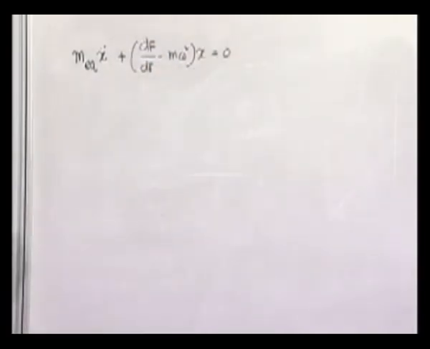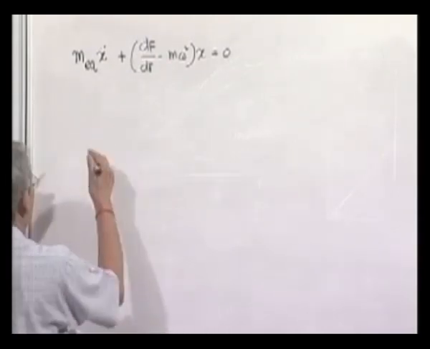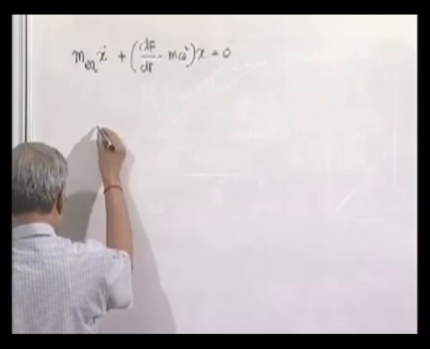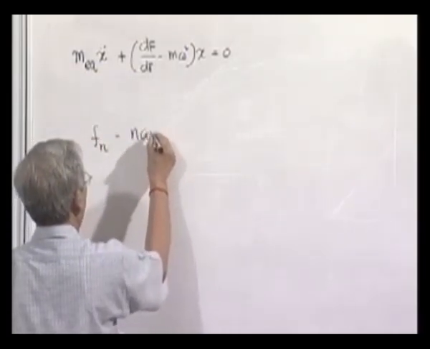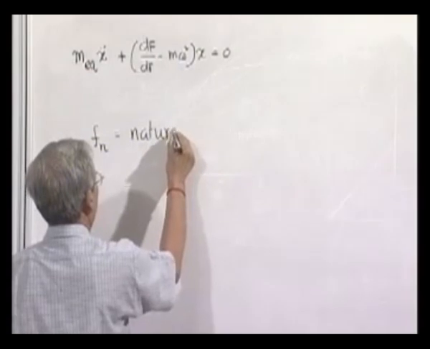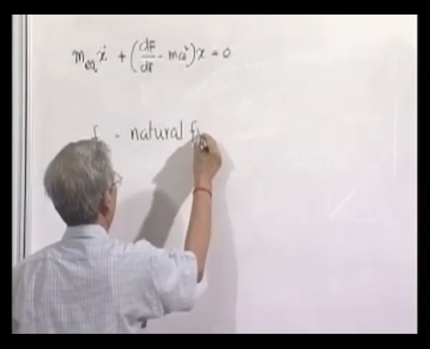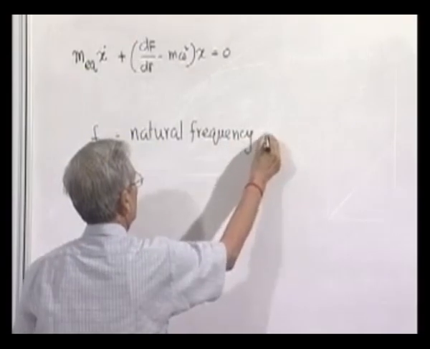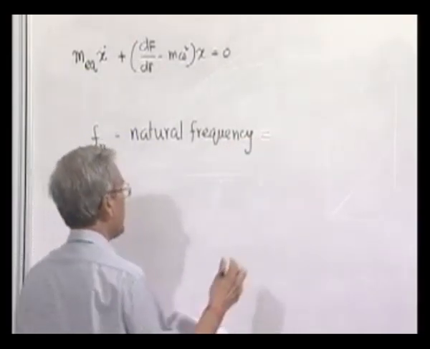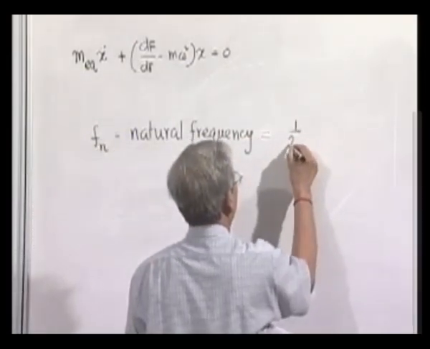and we know the solution of this equation is when, of course, df/dr minus m omega square is a positive quantity, then it is a harmonic function of time with the natural frequency of oscillation given by 1 by 2 pi.